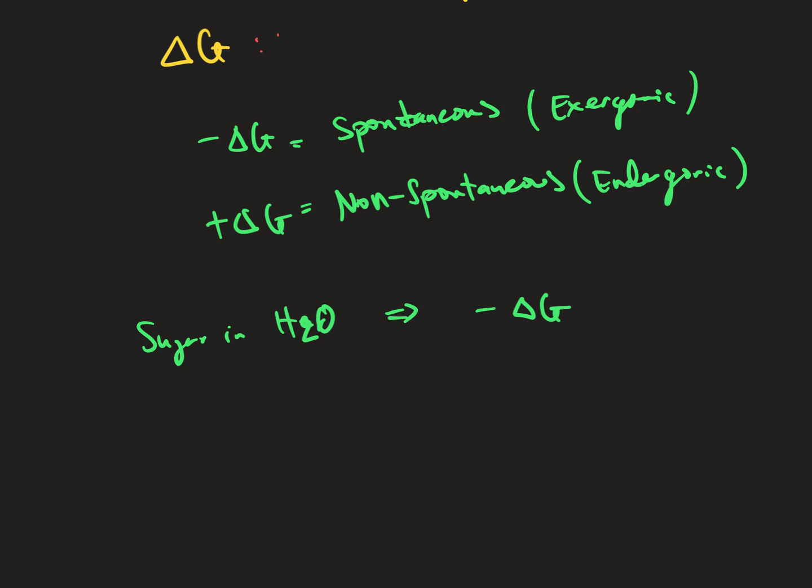Okay, what about automobile gasoline evaporating on a hot day? So it starts evaporating. Do you have to continue to give it heat to keep it evaporating? Yeah, you do.